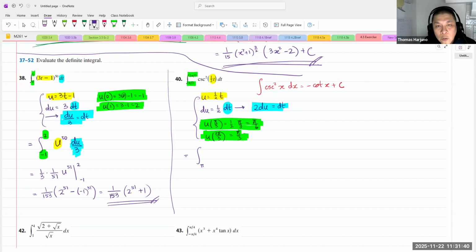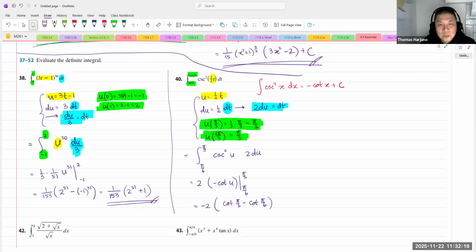This is from pi over 6 to pi over 3 of cosecant squared of u du, 2 du. So this is 2 times negative cotangent u from pi over 6 to pi over 3. Negative 2 of cotangent pi over 3 minus cotangent pi over 6.